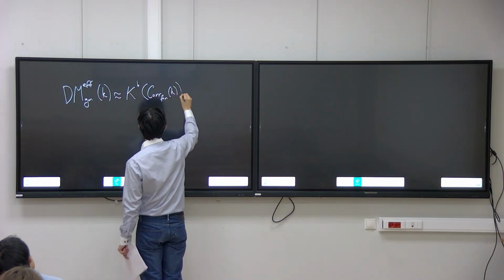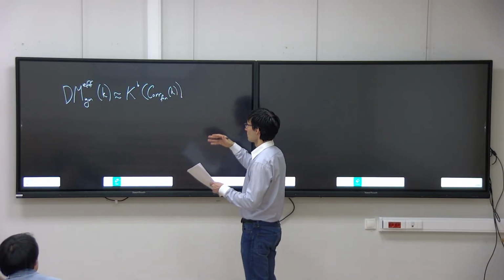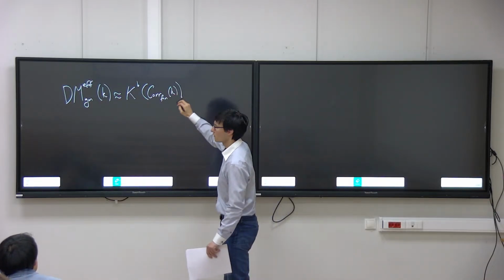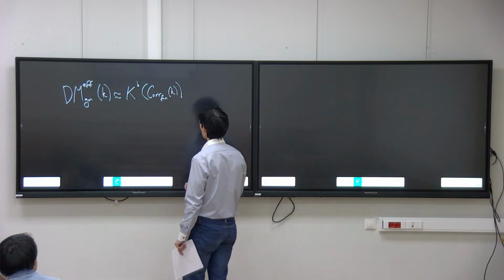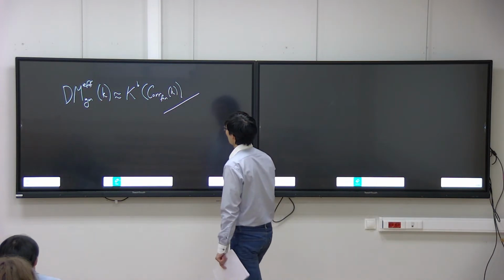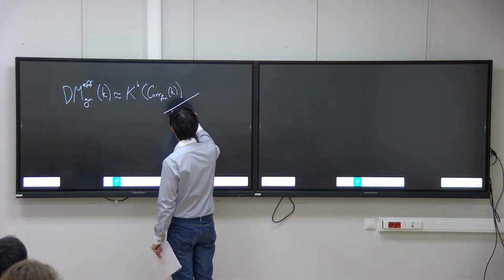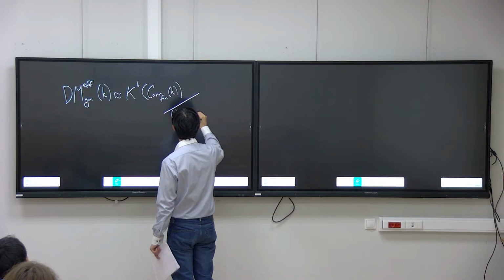That means chain complexes of schemes, but with morphisms coming from here. And modulo somehow, you want to make the affine line contractible.